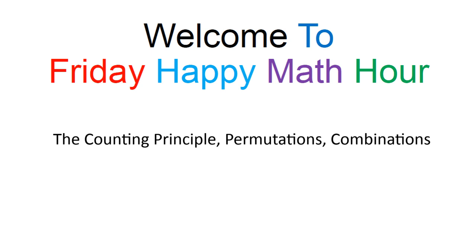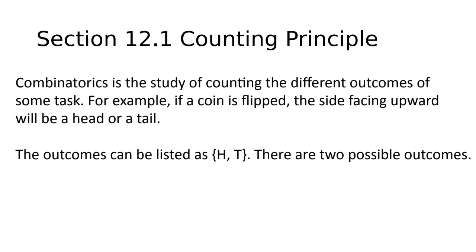Hello, everyone. So we're going to be covering for Math 1332, the counting principle, permutations, and combinations. So we'll get started with that. For the counting principle, this is from section 12.1. The counting principle is a tool that helps us to figure out how many possible outcomes we have.